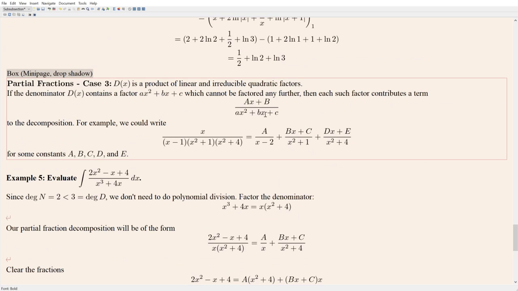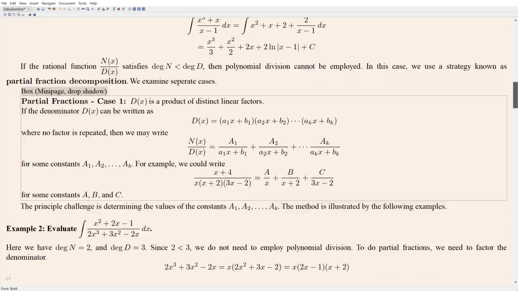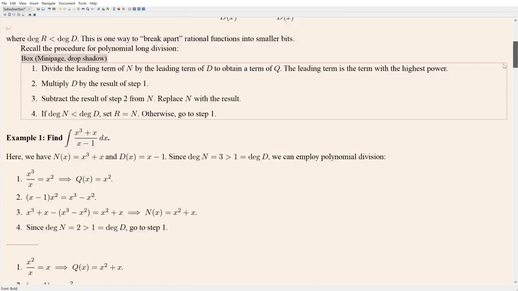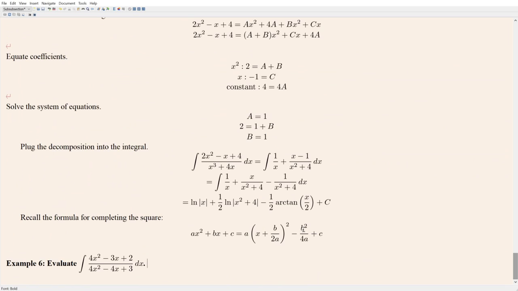However, quadratic factors in general might have a square term, a linear term, and a constant term. So if you want to use these formulas up here, and yet you have been given a generic quadratic, then you might want to complete the square to put it into this form, where it's just a square and a constant. That way it will be more amenable to the formulas that I've written down.